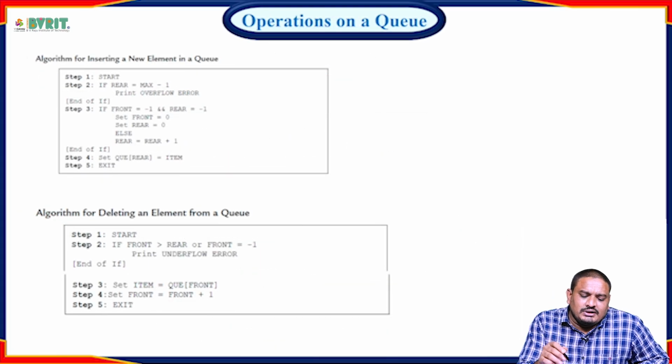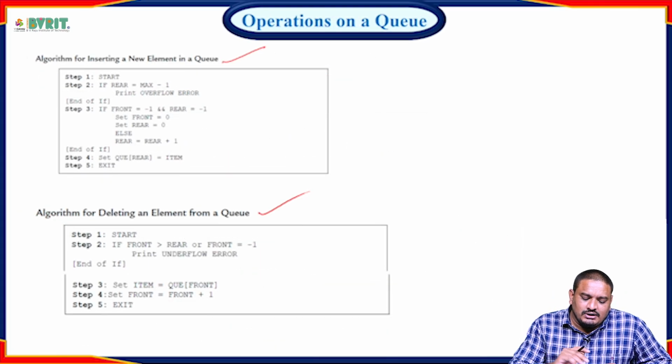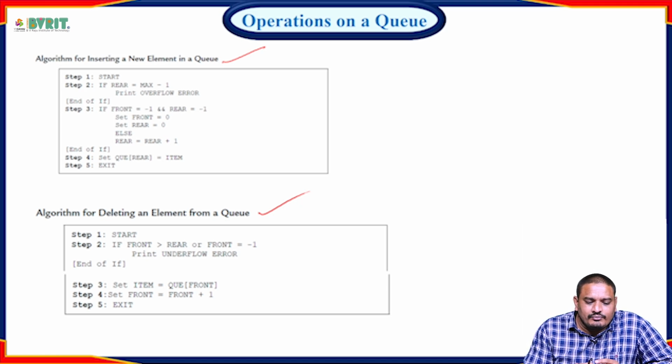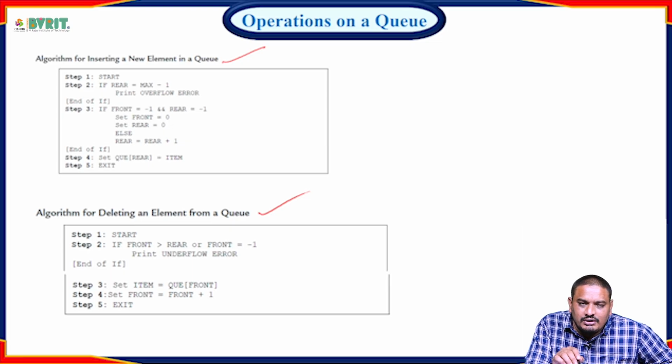Here, this is the algorithm for inserting elements into the queue and deleting elements from the queue. Now, see the algorithms one by one. First, if rear equals maximum minus 1, display the overflow error.